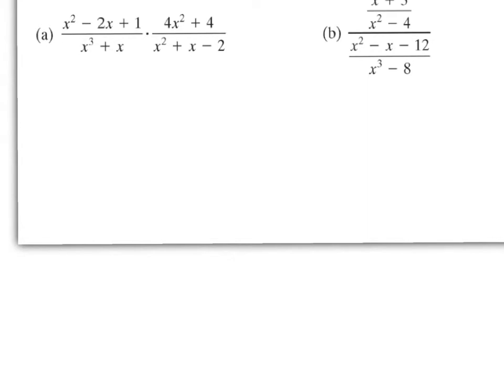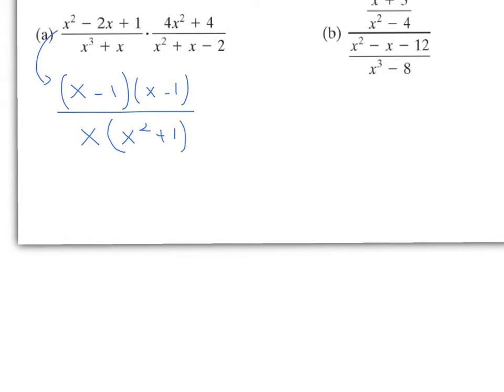So we got x squared minus 2x plus 1. We can find two values: we multiply them, we get 1, we add them up, we get negative 1. So it can be negative 1 and negative 1. So this one will be x minus 1 times x minus 1. Over the common factor of x cubed plus x, x is a common factor, so we have x squared plus 1.